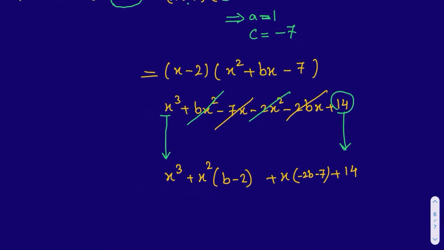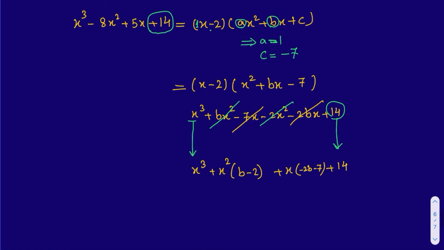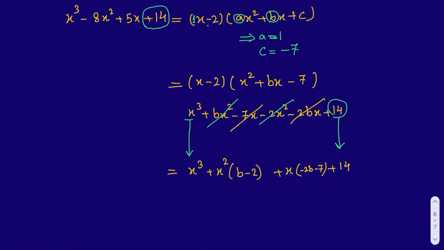All right, so now we need to again write the original cubic expression, x to the power of 3 minus 8x to the power of 2 plus 5x plus 14. Now we can compare these two equations.